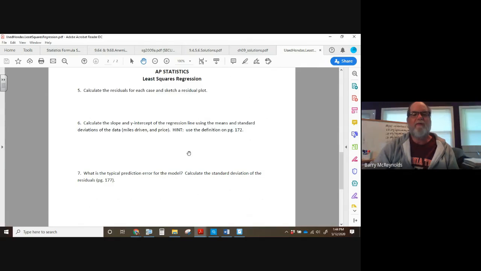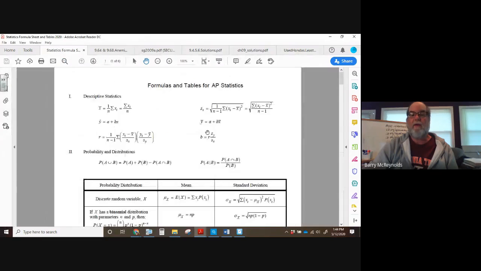And then question 6, you can go through, now that you have R and X bar and Y bar and SX and SY, you can calculate the prediction line. And one of the reasons I ask you to do this, it's kind of selfish, honestly.